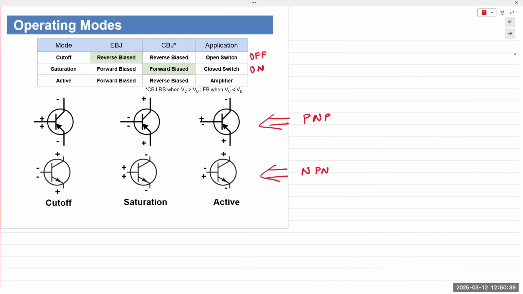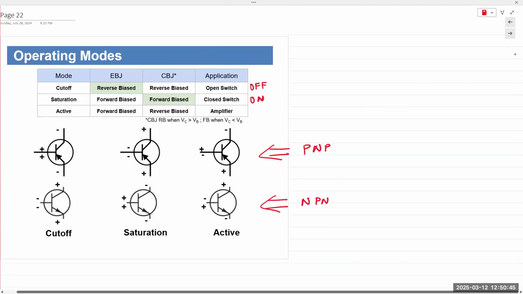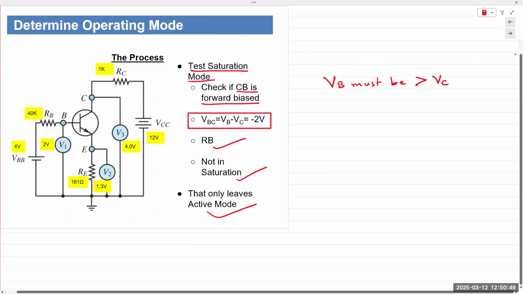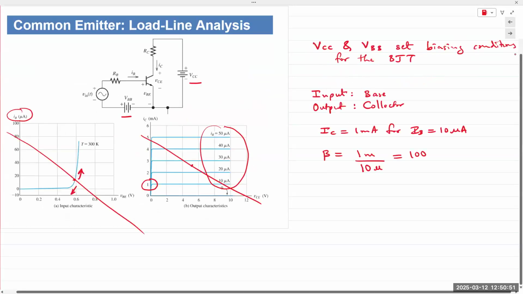So operating modes, basically here. And then we had examples for determining the operating mode.